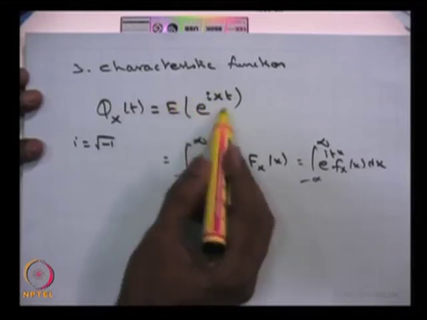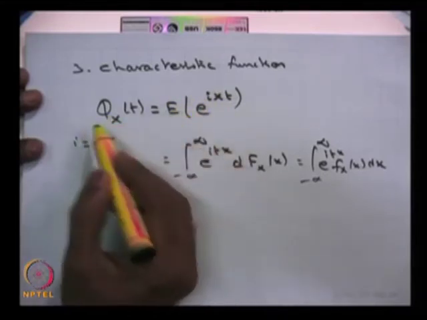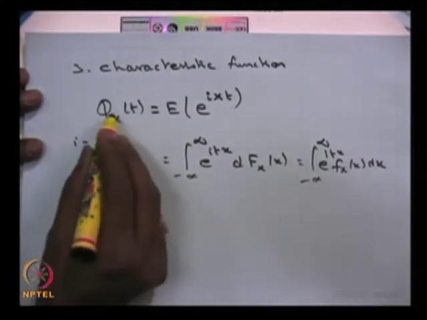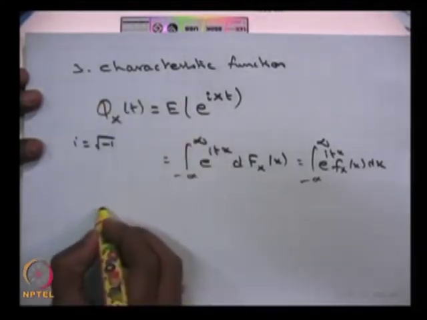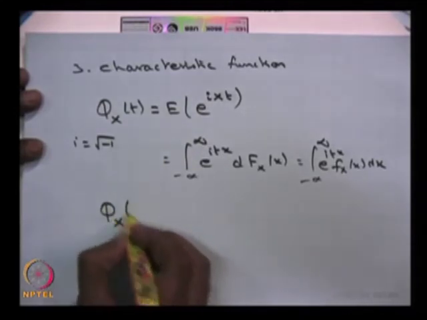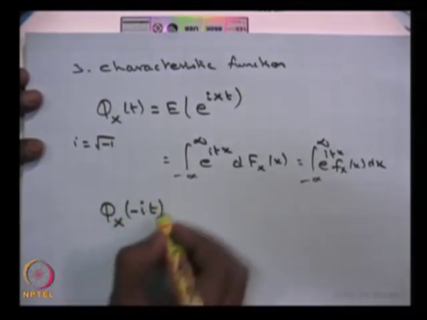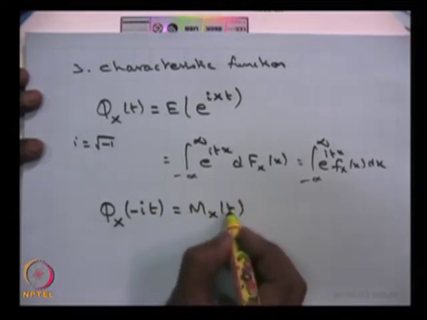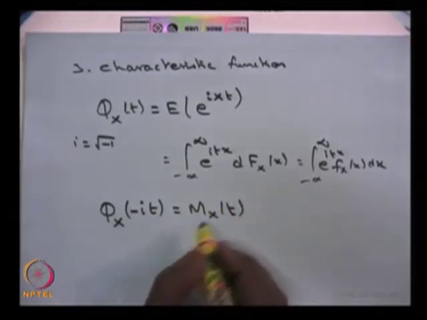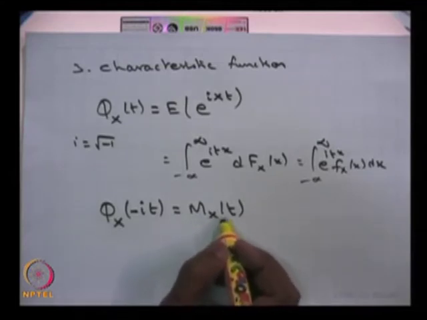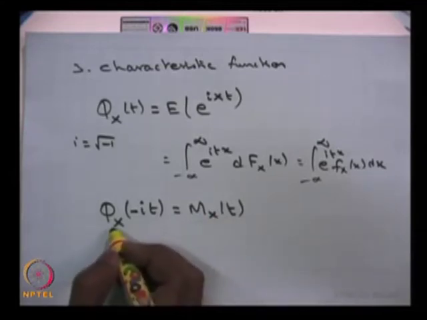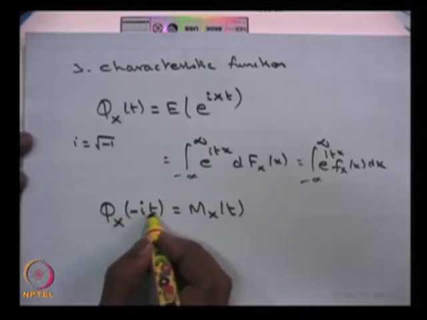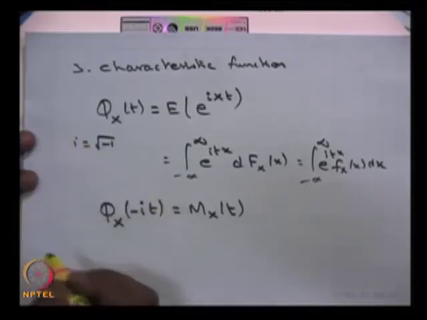Therefore, the MGF may exist or may not exist for some random variables, and I can relate the characteristic function to the MGF: psi X of minus i times t is the same as the MGF of the random variable X at t. That means the MGF of X is the same as the characteristic function at minus i times t, where i is the complex quantity.